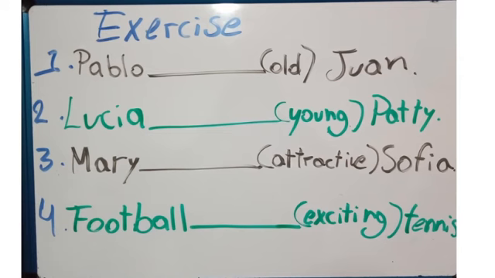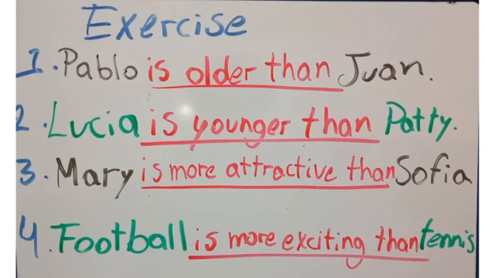Okay, I think that it was enough time to complete them, so please, we're going to check the correct answers. We have Pablo is older than Juan. Old is short, that's why we use older than. Number 2, Lucia is, because it's singular, younger, it's a short adjective, than Patty.